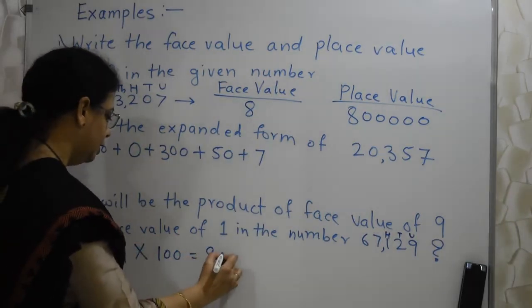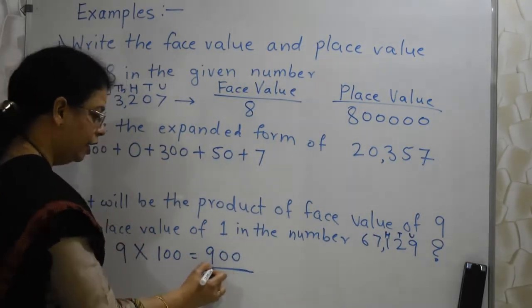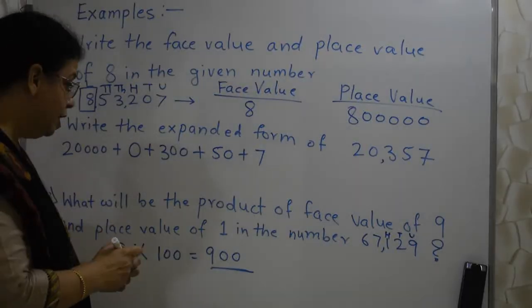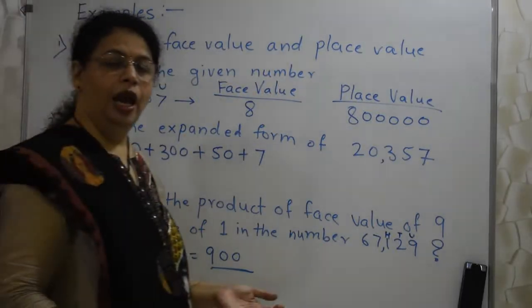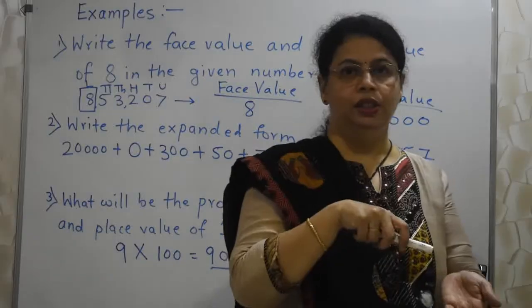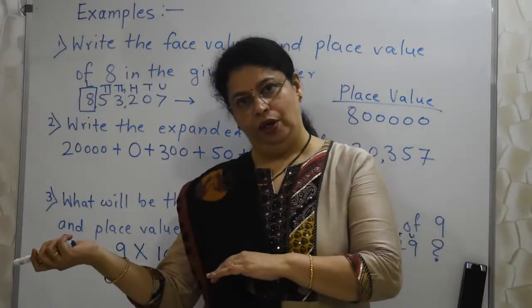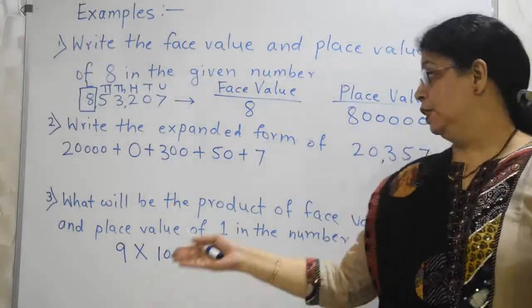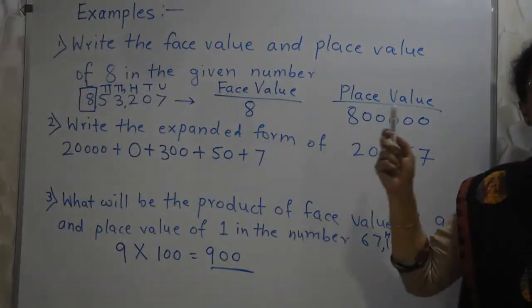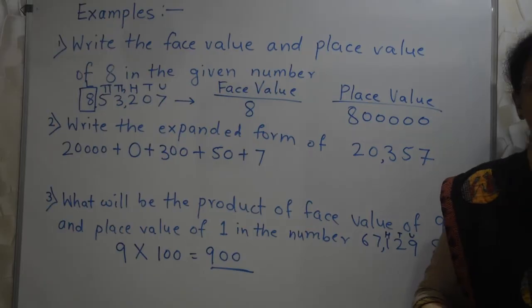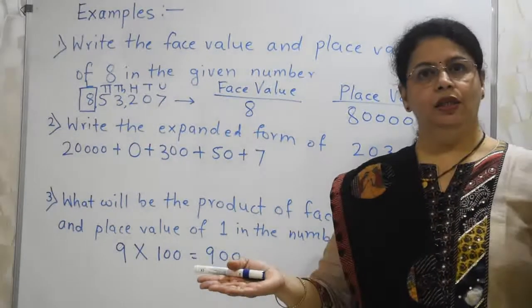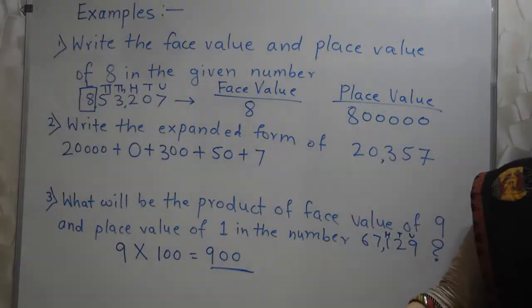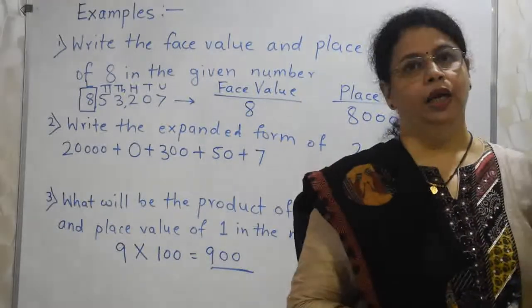So answer is 900. Is that clear? Okay. They may ask you, I told you, they may ask you anything. Addition of place value of this digit and face value of another digit. Or vice versa. They may ask subtraction. They may ask product. Anything they can. Once you know how to find out the place value and face value, whatever they ask, you are prepared, isn't it? Okay, so this is the end of it.